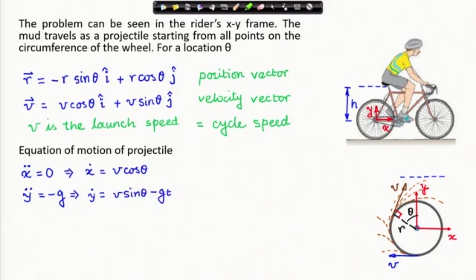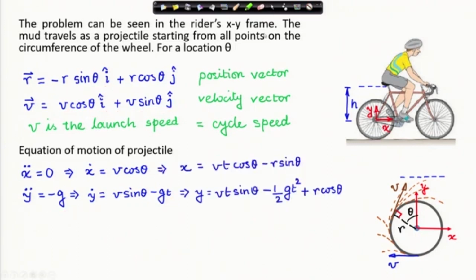If you integrate it once and use these conditions, because it is being launched from minus r sin theta at a velocity v cos theta in the i cap direction and v sin theta in the j cap direction, my velocity in the x direction will be exactly v cos theta, and the velocity in the y direction will be minus gt plus v sin theta, where v sin theta is the constant of integration from the initial condition. You can check that at t equal to 0, this is exactly the launch velocity.